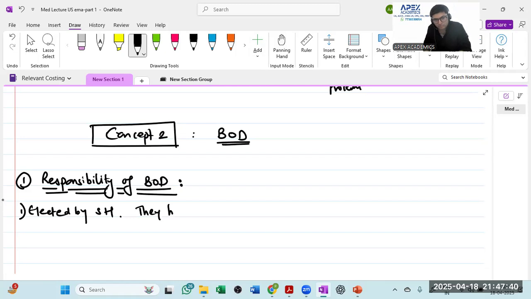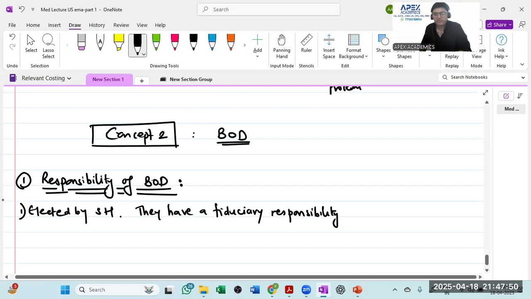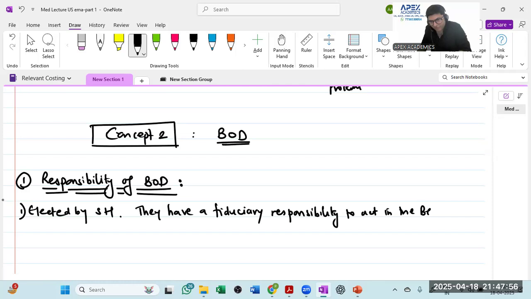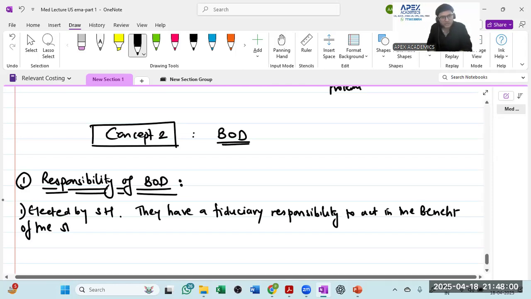Sir, they have a fiduciary responsibility to act in the benefit of the shareholders. So what kind of responsibility are we looking at?